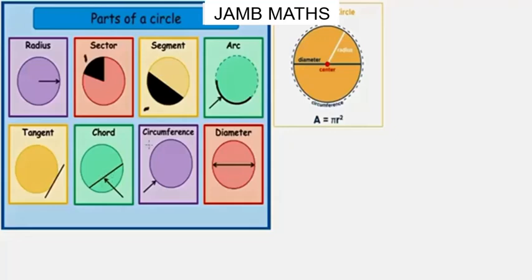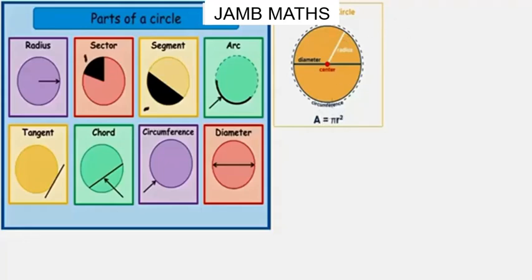Whereas this line around the circle is called the circumference of a circle. Alright, the boundary of a circle. This is the circumference. This is the diameter of a circle. The line that divides the circle into two equal parts is the diameter of a circle. Whereas this second diagram I have here shows the area of a circle.